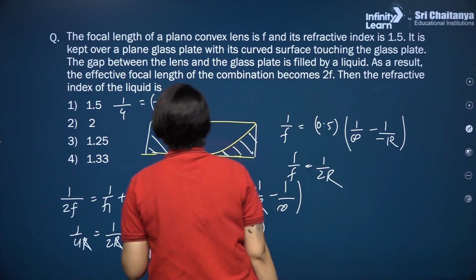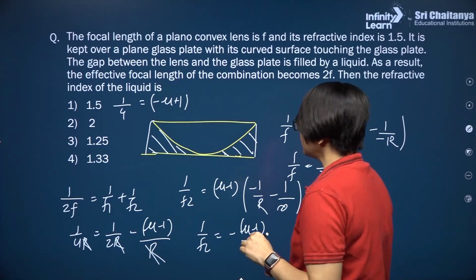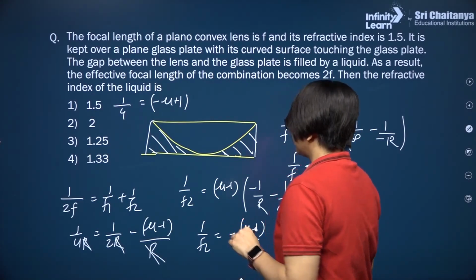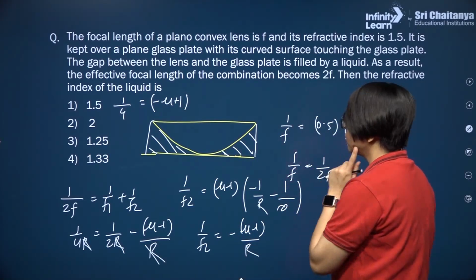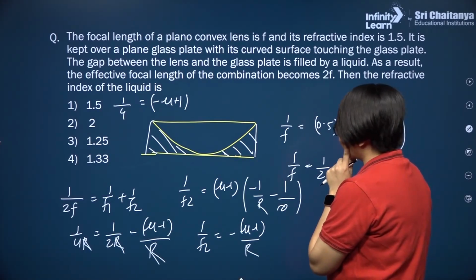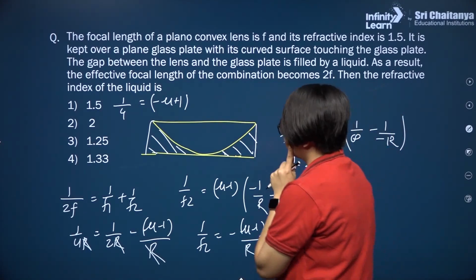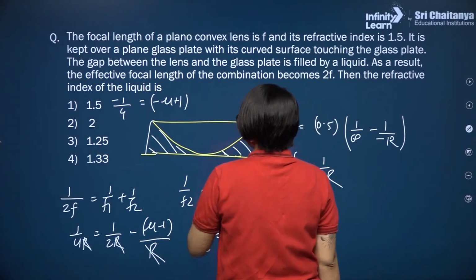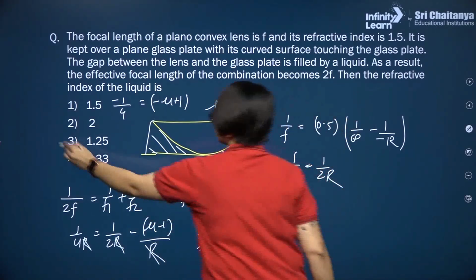So, mu will be 1 minus 1 by 4, which is 5 by 4... just a second, mu is 1 minus 1 by 4, it is coming out as 3 by 4, that means there is something wrong. Okay, this will be minus 1 by 4, right. So, yeah, mu will be 1 plus 1 by 4, that is 5 by 4, which is 1.25.